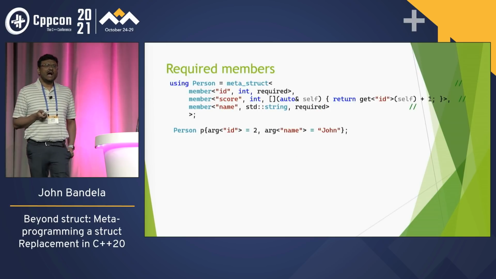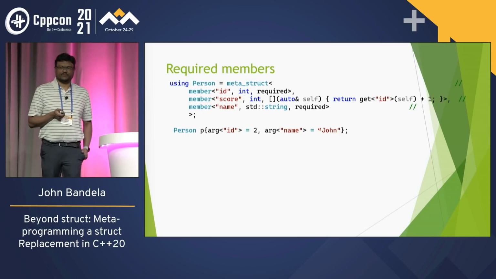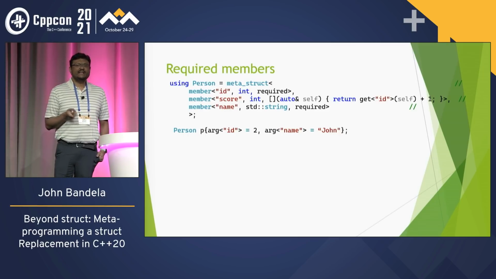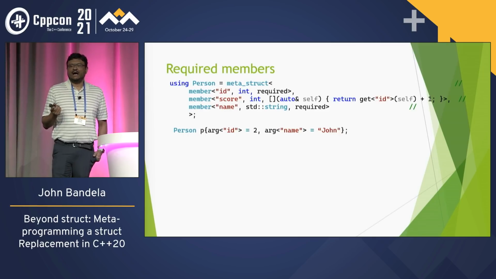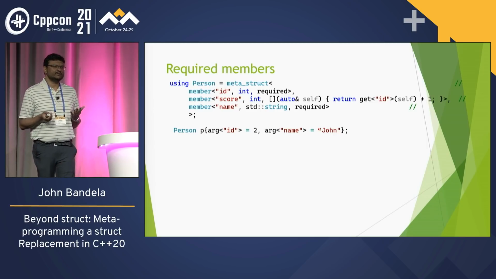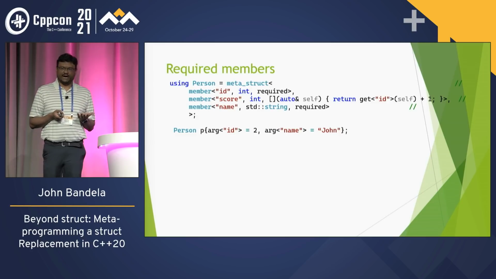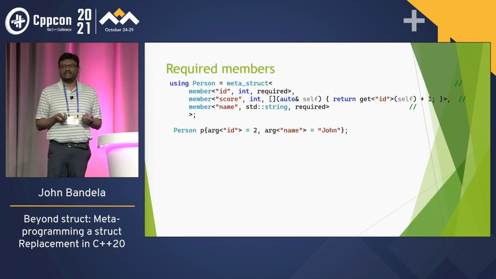All right? The other thing is required members. It doesn't make any sense to have ID and name as default. There are no good real defaults for an ID. You'd like to require them to provide it, and if not, provide a compiler error. But for the other stuff, we'd like to be able to make it optional.